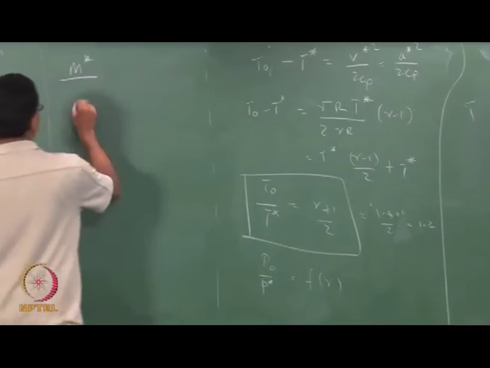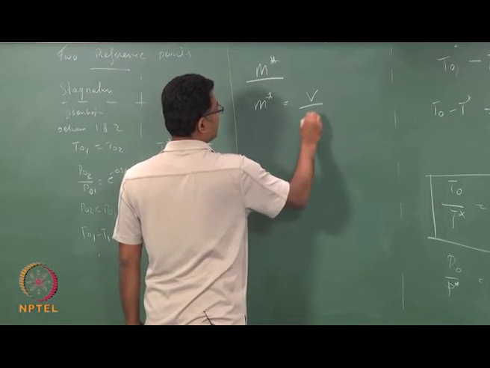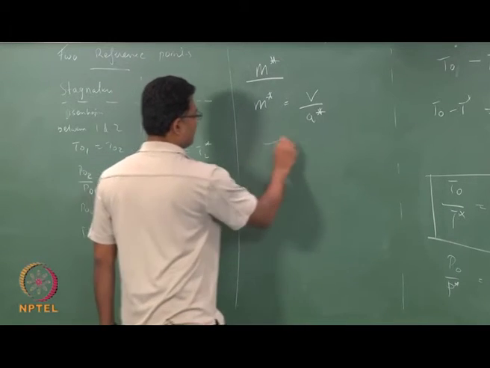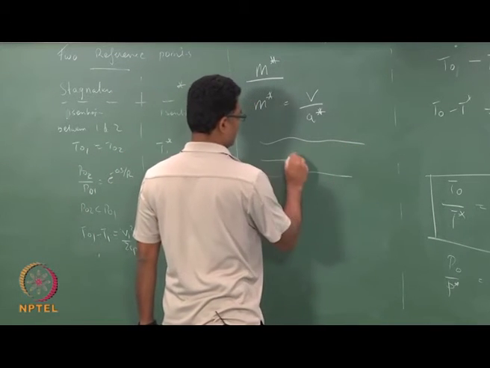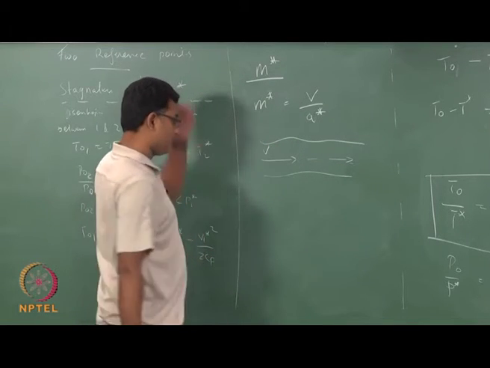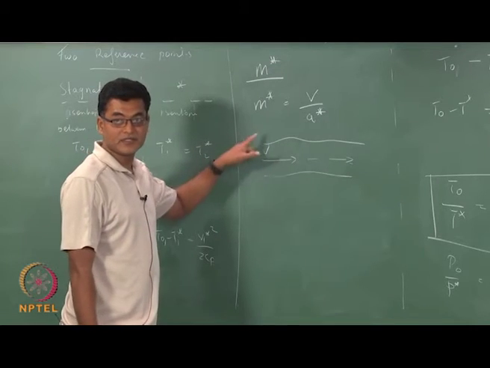It does not mean M equals 1. M star is V by A star. So, if I have a fluid that is moving with some velocity V, for this particular V I have an M star.